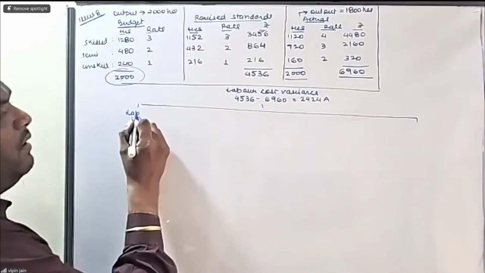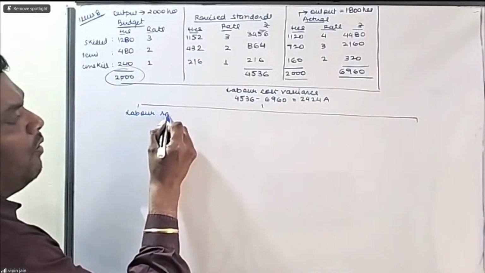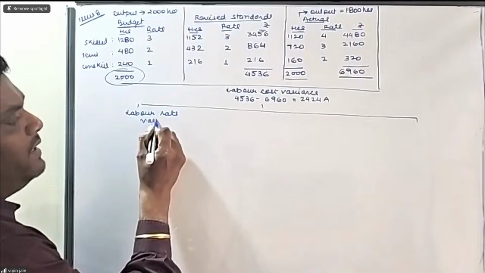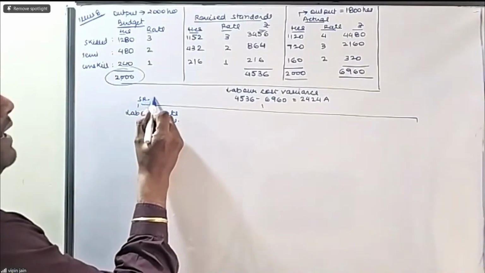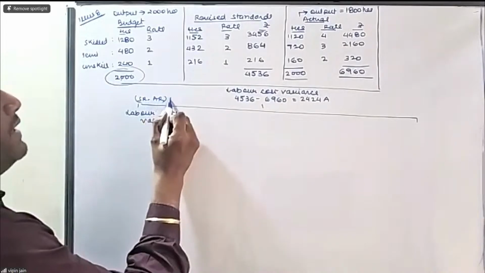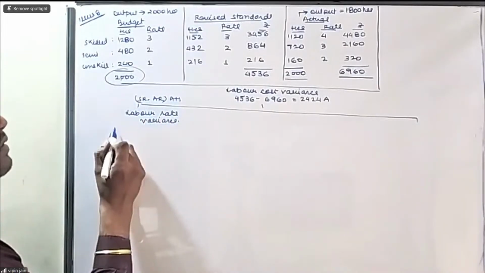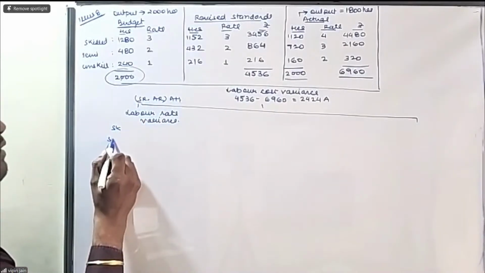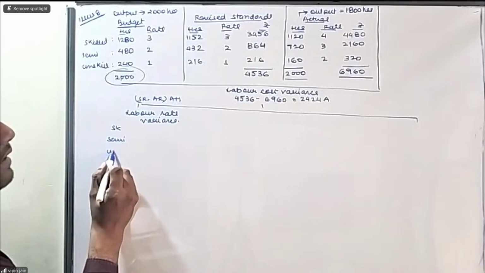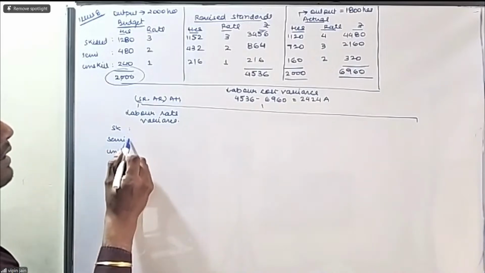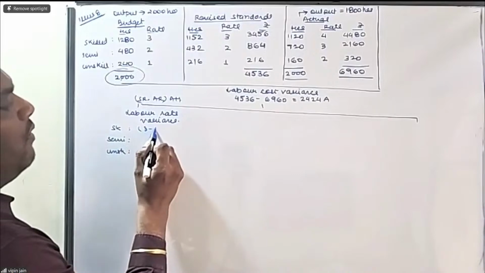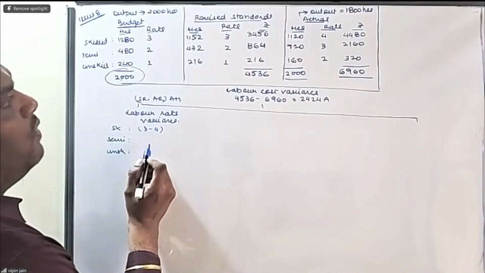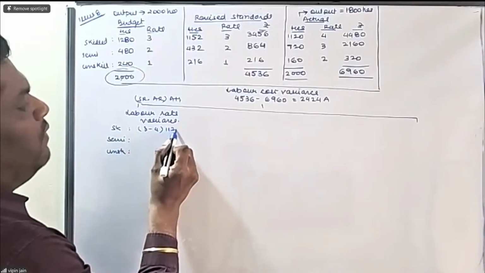Next is labor rate variance. So standard rate minus actual rate into actual hours. So skilled, semi-skilled, and unskilled. So 3 minus 4 into 1120.